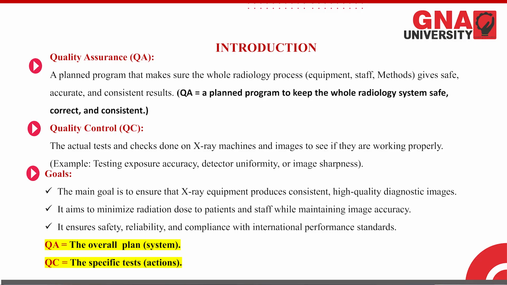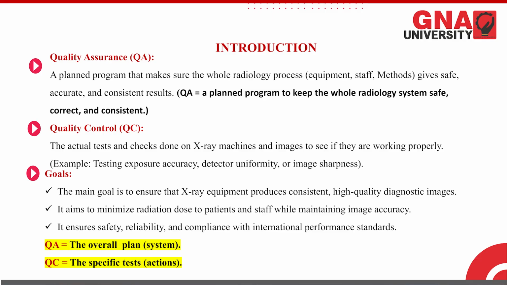And what is the main goal of quality control and quality assurance? The main goal is to ensure that the X-ray equipment is producing a constant, high quality diagnostic image, and by this we can maintain a high accuracy of diagnosis. Another goal is to minimize the radiation dose to the patient and staff while maintaining high quality standards of the image.